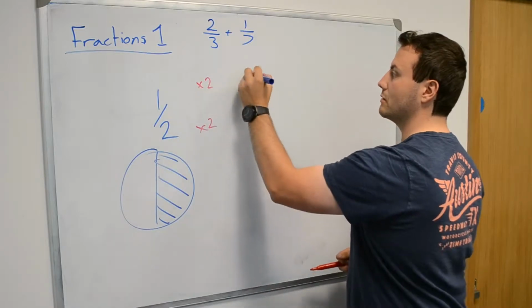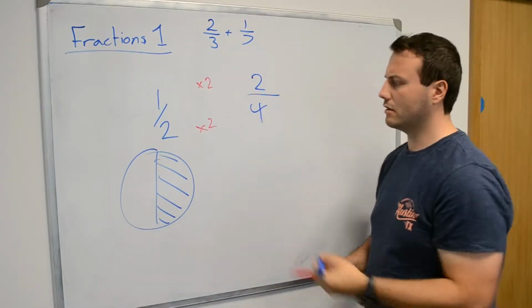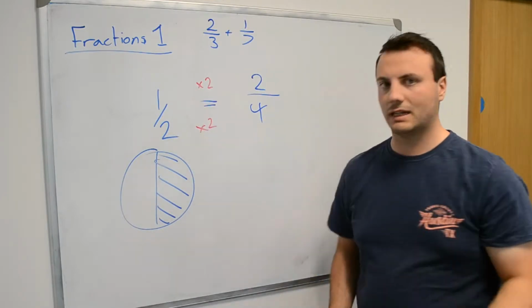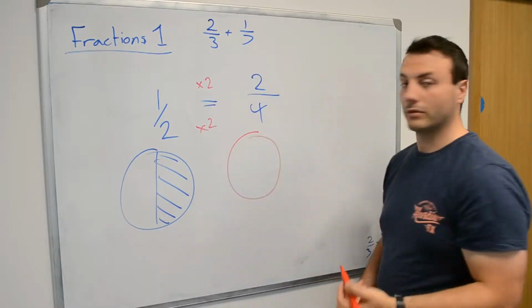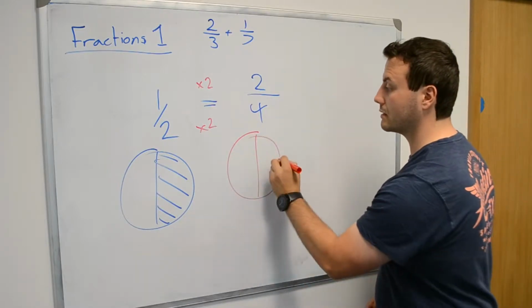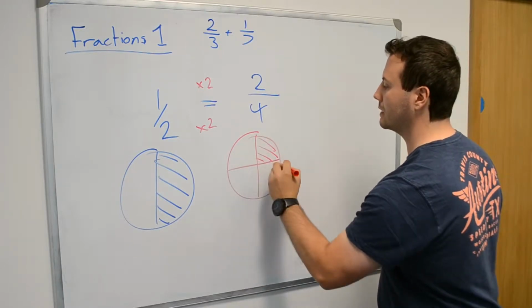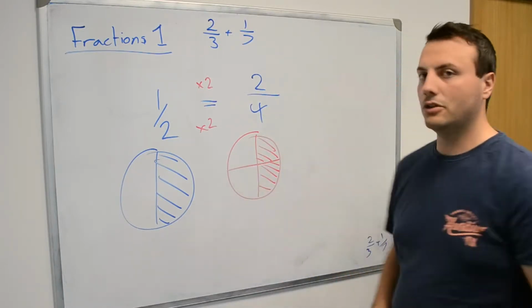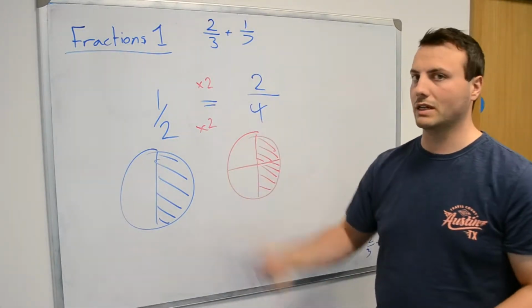So 1 times 2 is 2, 2 times 2 is 4. So these are equivalent to each other, they mean exactly the same thing. And if we draw this out, we're going to divide our circle into 4 equal parts, and then we're going to select 2 of them. You can see that they give exactly the same representation, so that proves that the 2 are equal.